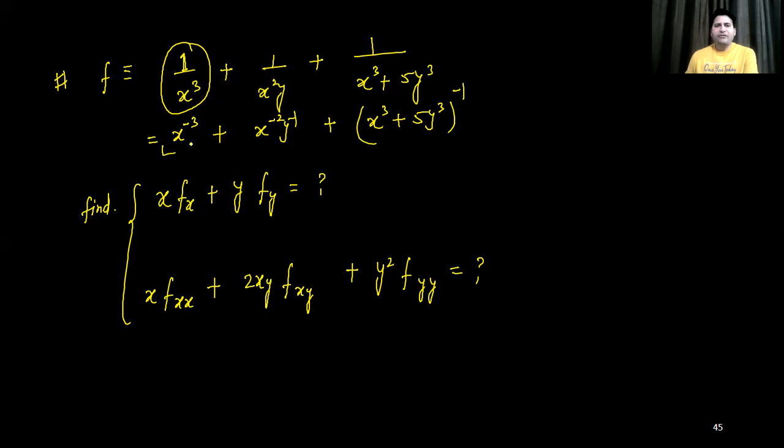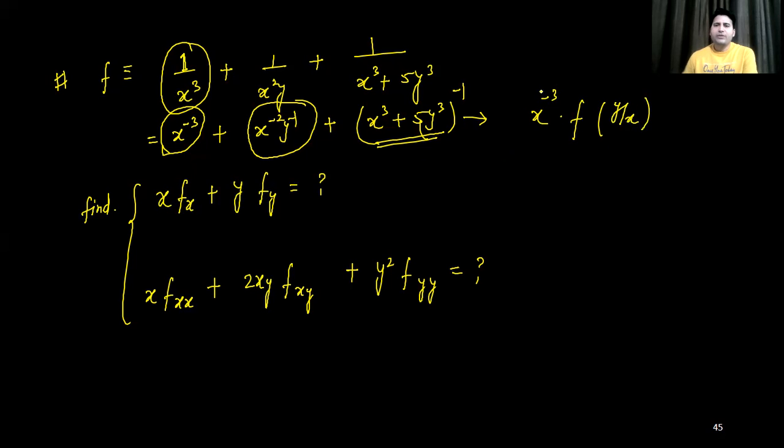What will be the degree of first term? Minus 3. Degree of second term? Minus 2 minus 1, that is minus 3. Degree of this much? X power minus 3, 5y power minus 3. And if I take in this term, I am taking x cube outside, it will be x power minus 3. What left? Function of y upon x. So its degree is how much? Minus 3. It means each and every term is having degree as minus 3.